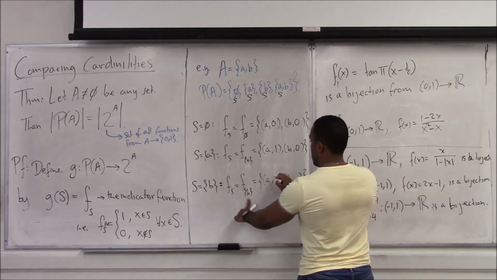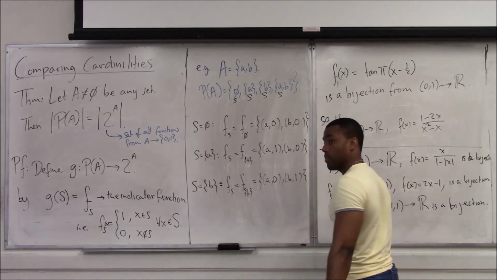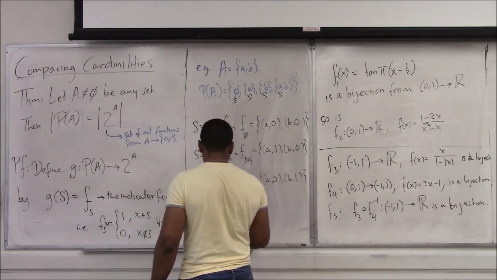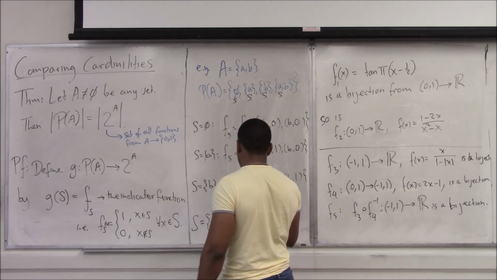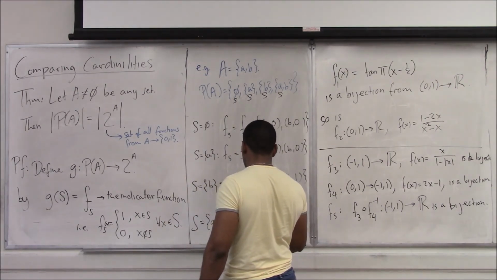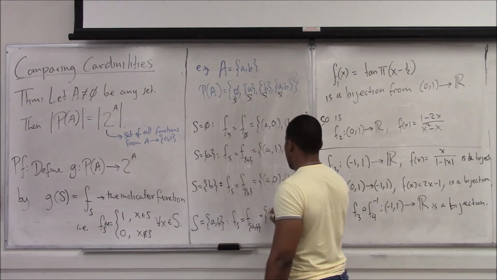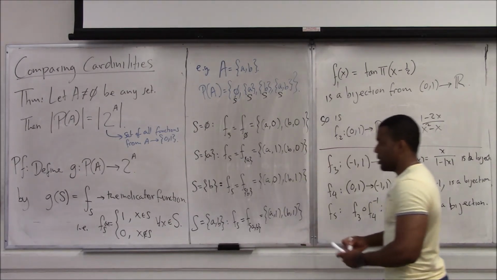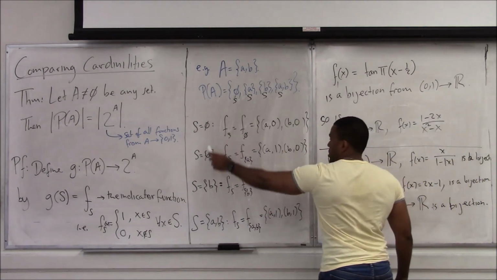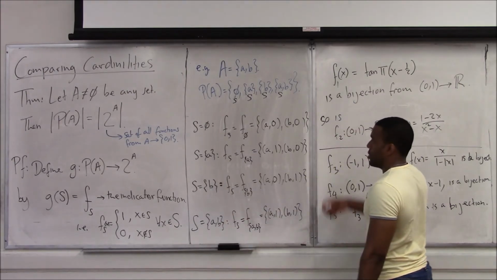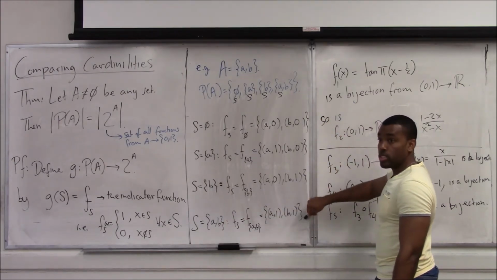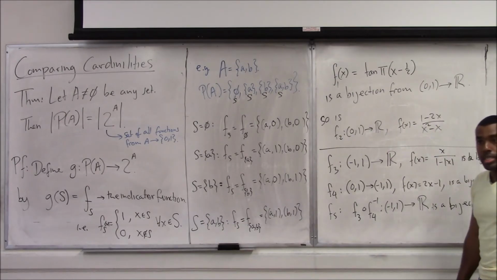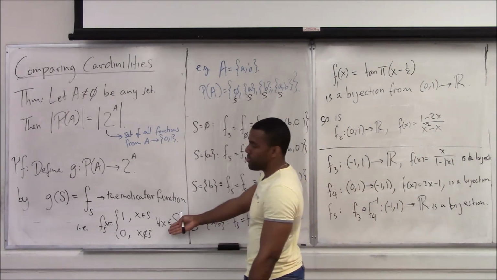Is A in the subset? No. Is B in the subset? Yes. Then I can take the final subset, {A, B}. My F sub S in this case would be F of {A, B}. Is A in there? Yes. Is B in there? Yes. Now I've exhausted all the subsets. You would also notice that I've exhausted all possible functions from the set {A, B} to the set {0, 1}. They will always be the same number of things, and so I'm setting up a function to basically count that.